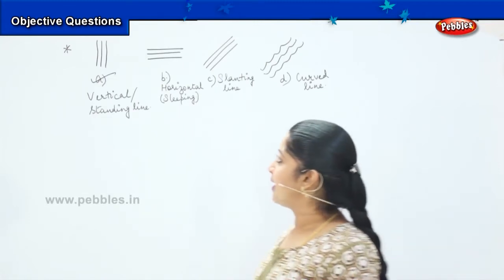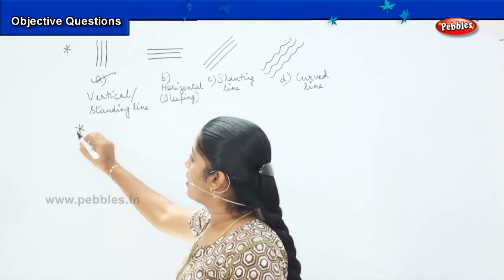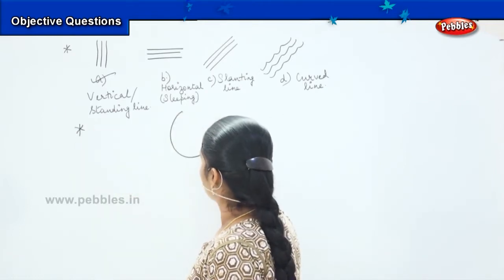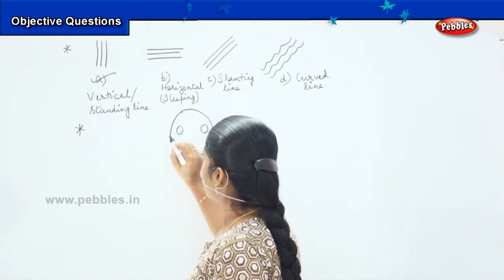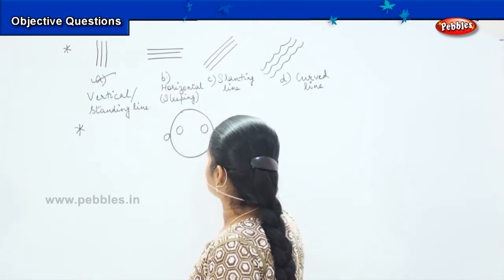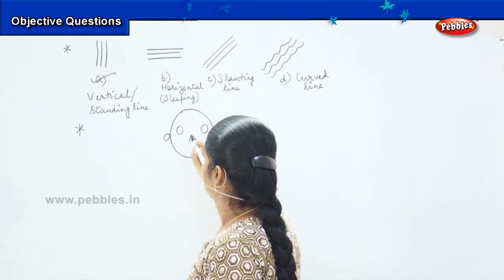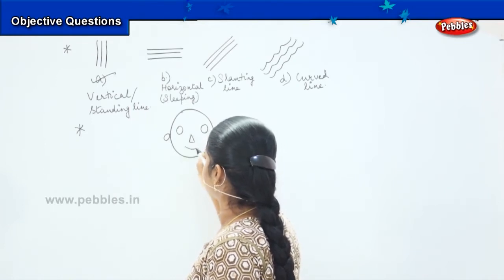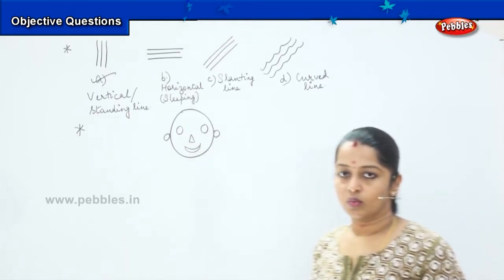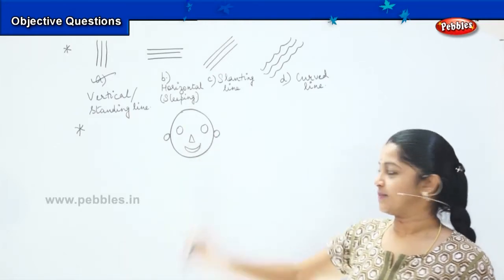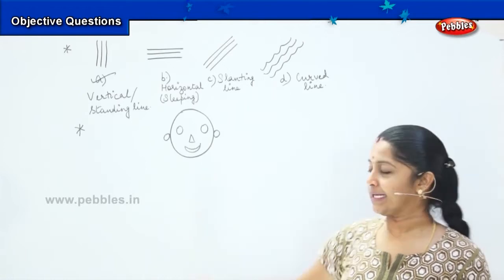Okay. So here I am going to draw a small face for you. And from this figure you are going to answer a few questions. Okay? This boy's face is so cute, which is consisting of different shapes, right? He's looking so smiling.